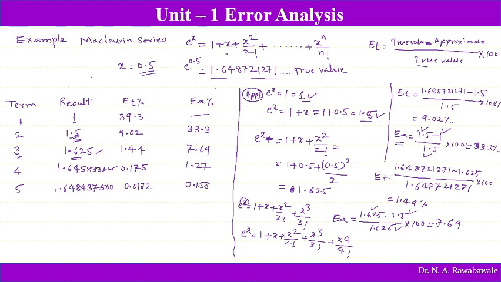To find the approximate error, 1.645833 is the previous value and the present value is 1.648437500, and then we get the approximate error.